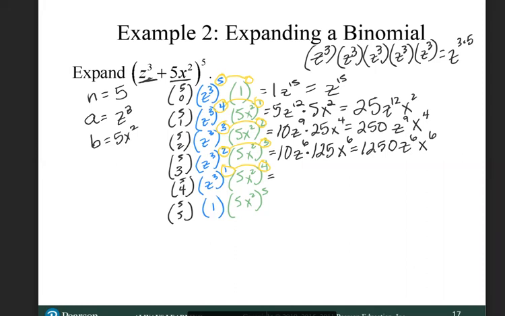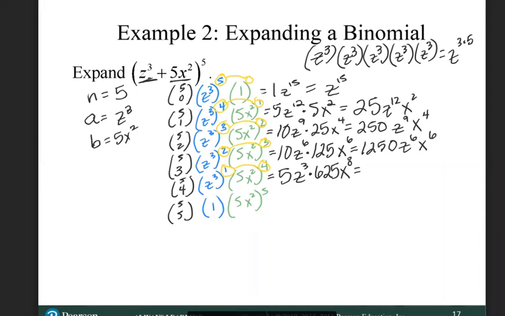Okay. 5 choose 4 is 5. Z cubed times 5 to the 4th. That is 625. X squared to the 4th is x to the 8th. 625 times 5. I'm not going to try doing that in my head.